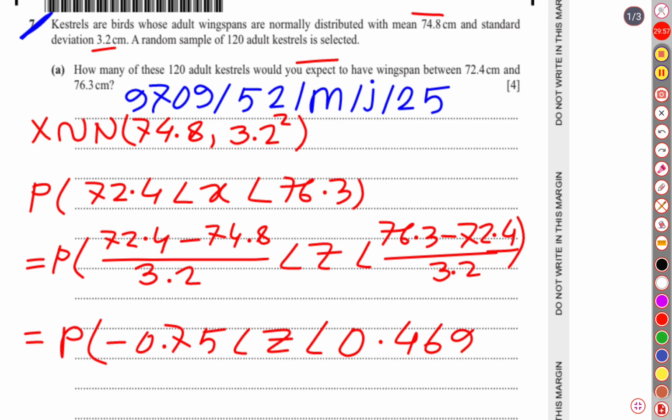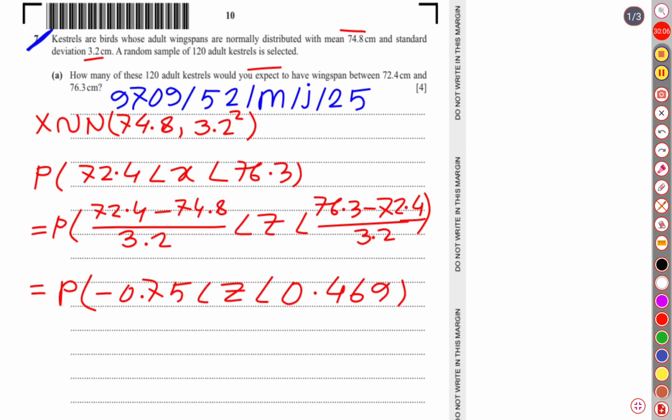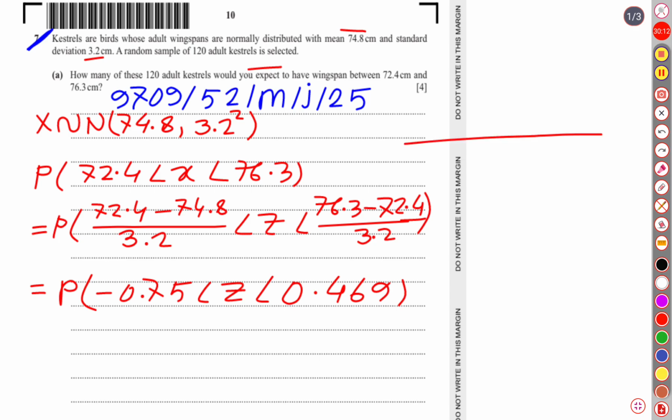0.469. Well, then we'll have to draw the graph of this scenario. Look, if we draw a graph, let me draw the first graph, this, and the graph is symmetrical along the midline.